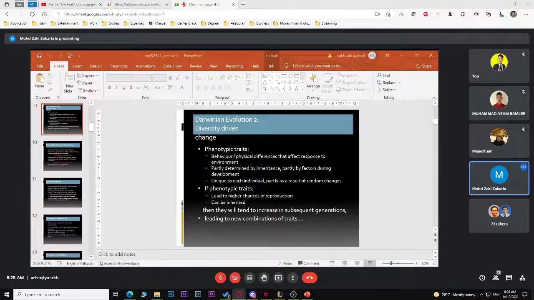So for example, 10 population. 10 population means the population is like this. This is one sample of chromosome. This is the second chromosome, third chromosome.